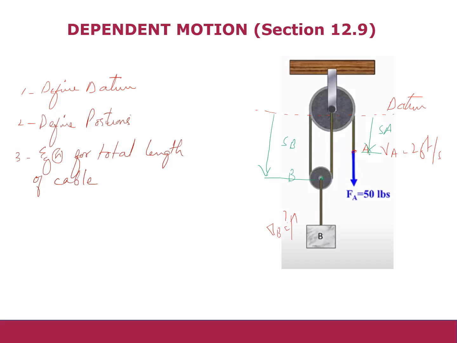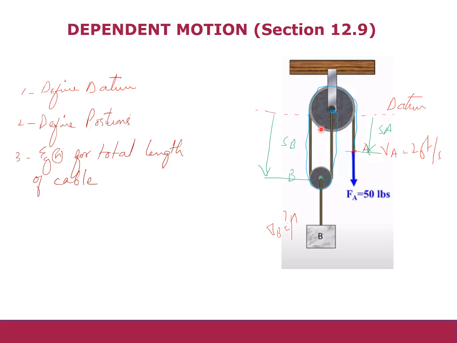So what is the total length of this cable? So this is the total length. Here is our cable. This is the total length, right? So you can see that while these points A and B are moving upward and downward, when it is towards the datum, this distance reduces, and body B moves away from the datum.